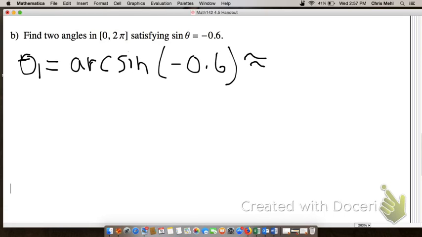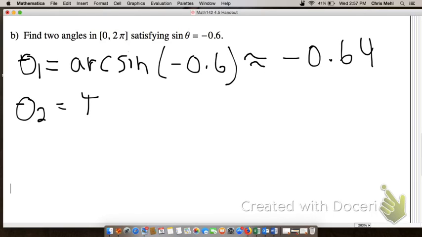which is approximately, using my calculator, I get a value of negative 0.64. Okay, that is certainly not in the interval from 0 to 2 pi. Okay, so we'll fix that in a second. For now, though, let's find a second solution.